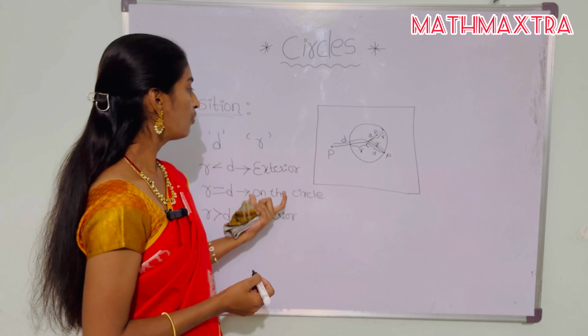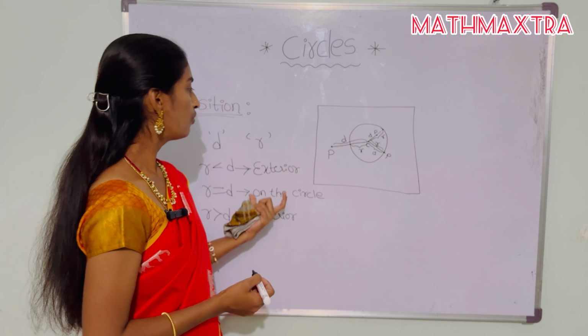Both exterior points and interior points of a circle don't belong to the circle. The circle is nothing but this boundary line, isn't it? But we have so many points interior of the circle and so many points exterior of the circle, and neither the exterior points nor the interior points belong to the circle.